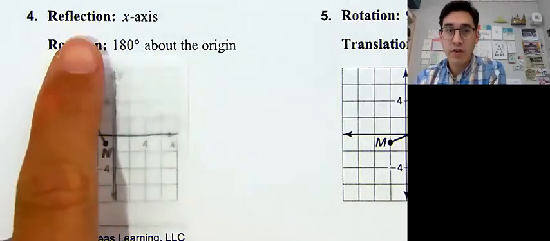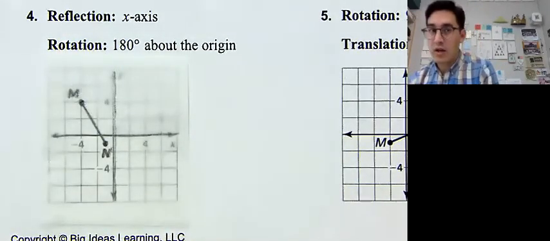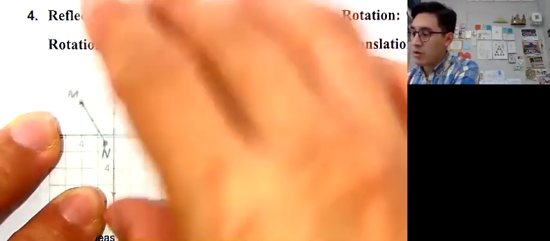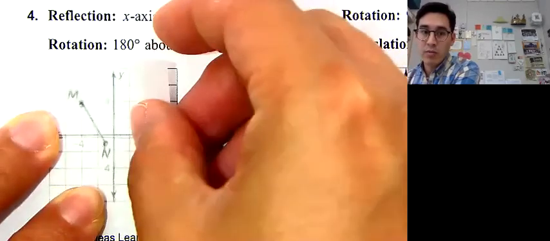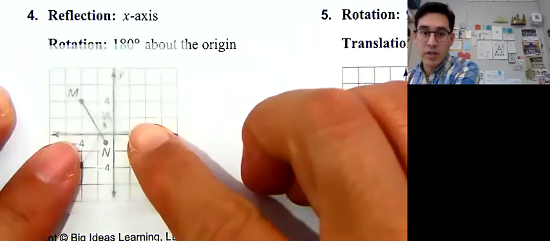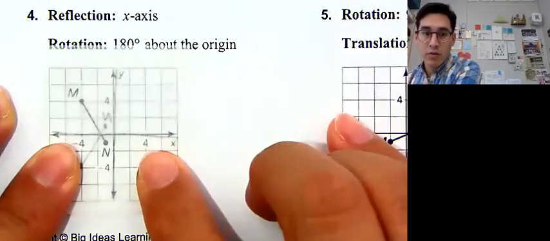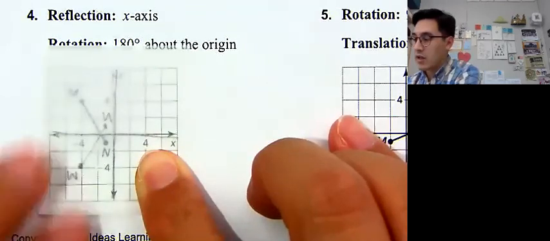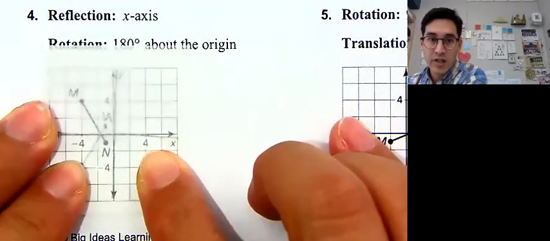The reflection is the first thing, so we're going to do that first. I want to reflect across the x-axis, so I'm just going to take my tracing paper and flip it over. What was on the top half is now in the bottom half and vice versa. That's my reflection across the x-axis.